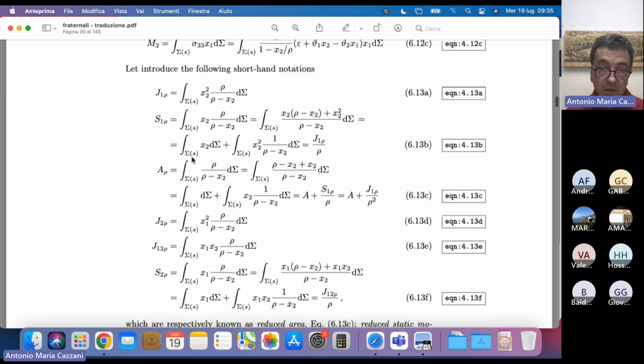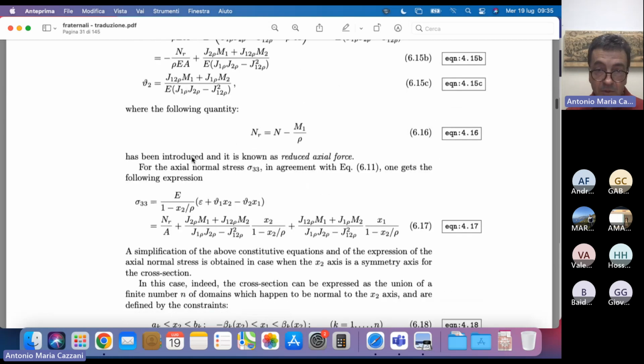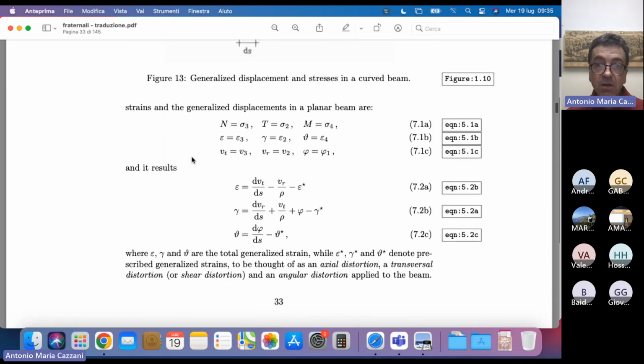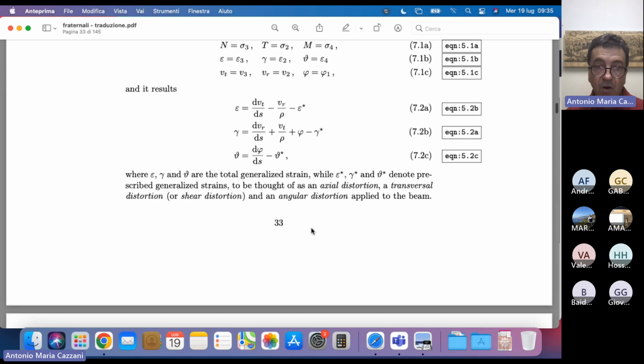Here there is a little change in the sense that we are also taking into account the presence, denoted by epsilon star, gamma star, and theta star, of distortions, so prescribed strain acting along the tangent, the normal, and the angular directions.